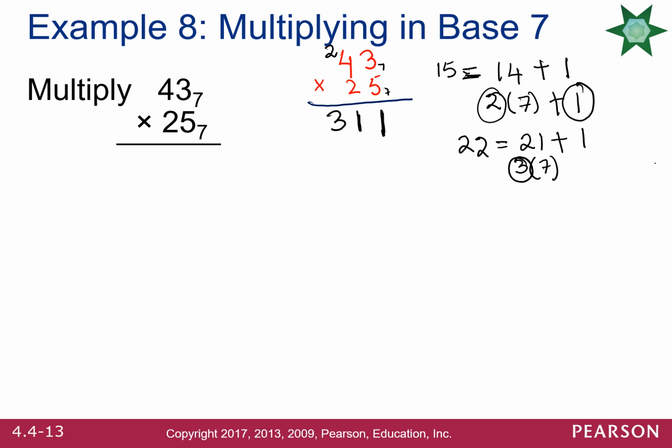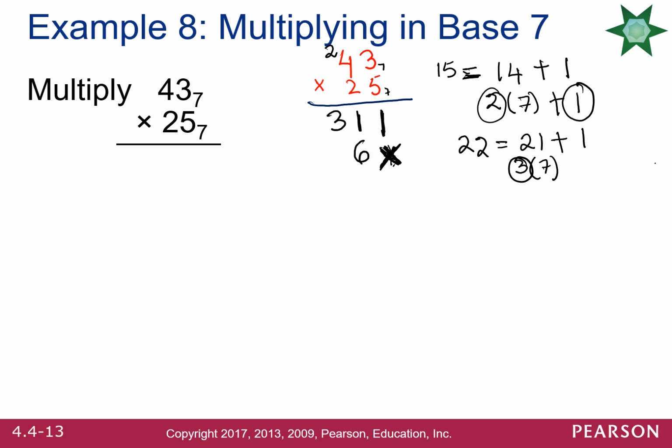Now we will perform our multiplication by 2. Again, this spot has to remain blank, so I usually just put a cross there. And then 3 times 2 is 6, right?